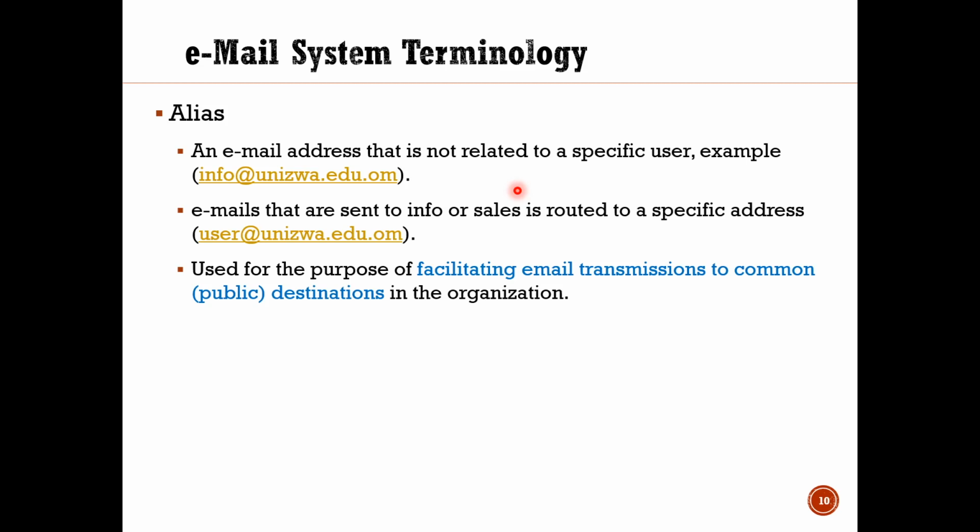For example, when we say info@Unizwa, what we mean is that we are creating another email that is typically forwarded. Whatever emails are received by that account, it's a very legitimate and valid account, but it doesn't belong to any specific user personally. Rather, it is a public account that belongs to that organization.